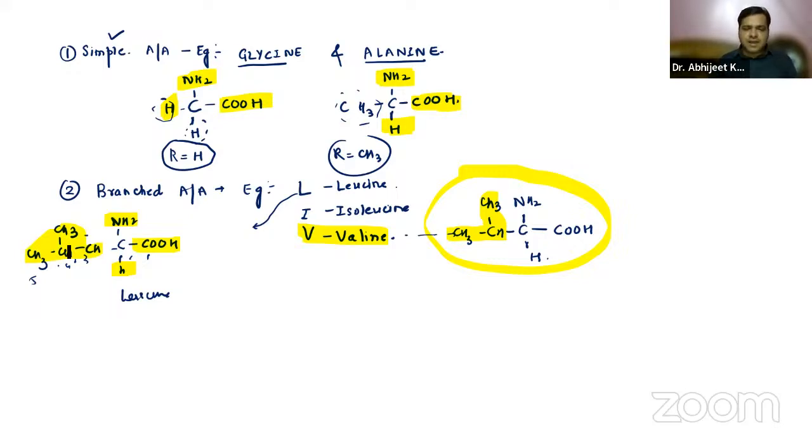Leucine and isoleucine are just the same. In leucine, at the fourth carbon, this methyl group is present, but in isoleucine, it is the third carbon where the methyl group is present. Otherwise, the entire structure is the same. So this is isoleucine.